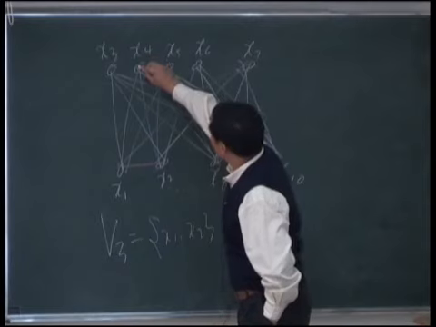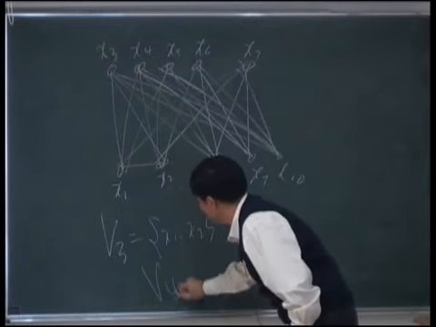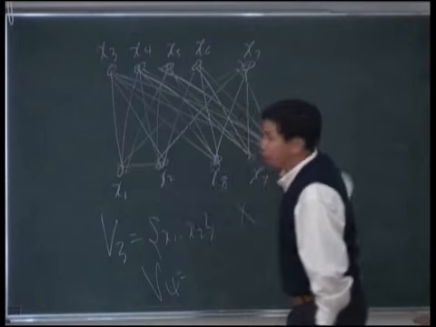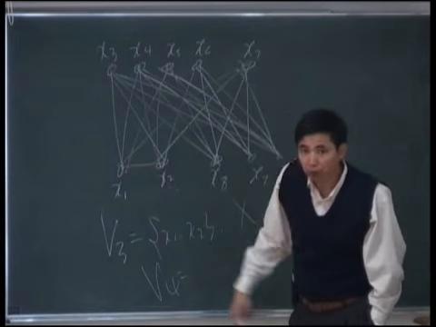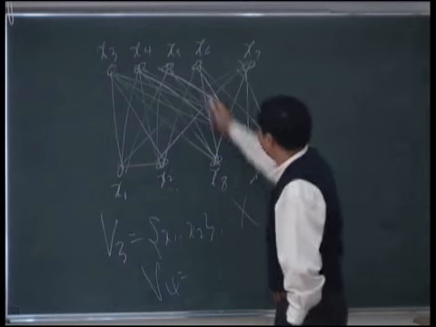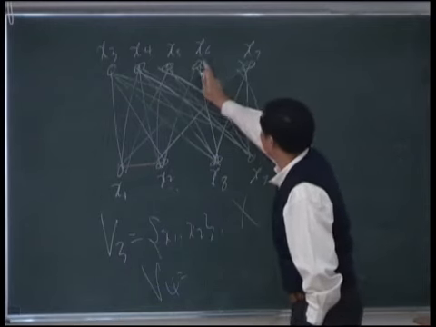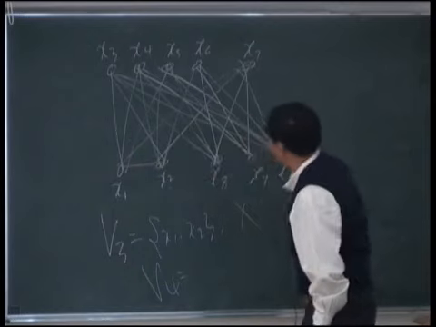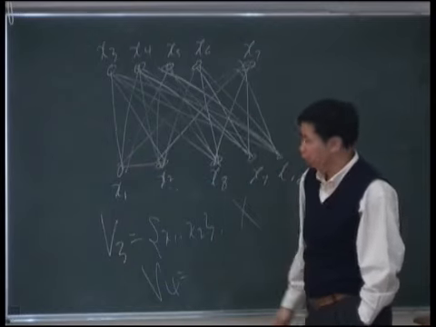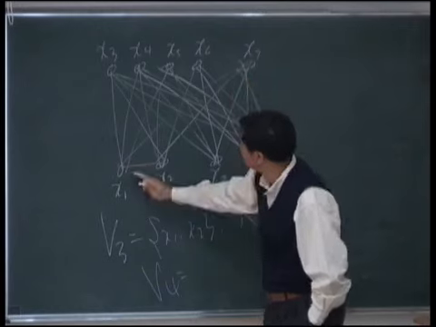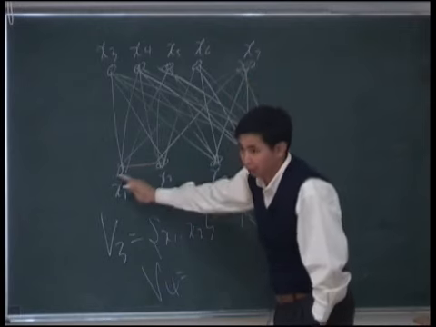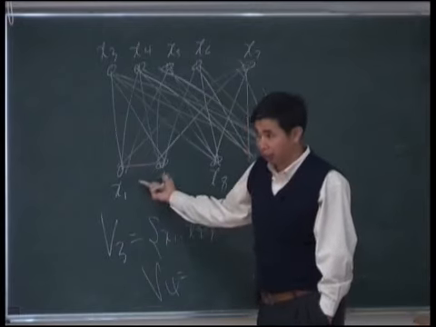And then V4. V4 is also not independent. And V5, same, not independent. V5, V6, V7, all these sets are not independent because every set contains the two vertices S1, S2, and these two are adjacent.